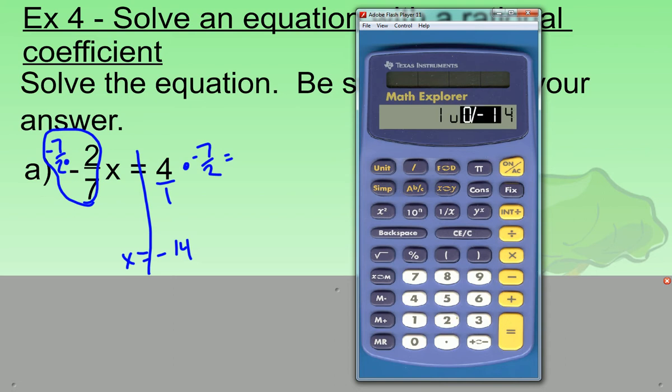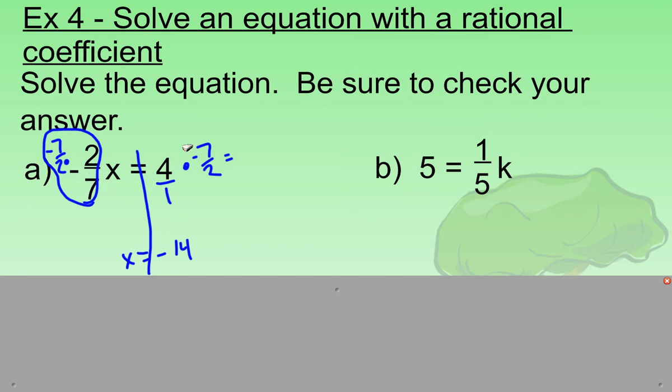It does equal 1. Calculator's being not too intelligent. On the other side, if you take 4 divided by negative 2/7, equals, and simplify. Again, the calculator's not being too intelligent with it, but that does equal negative 14. So if you divide by negative 2/7 on both sides, you get the same answer.